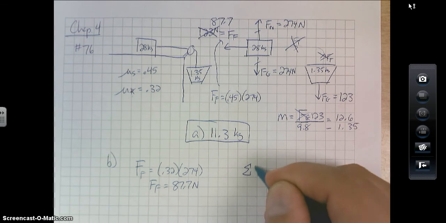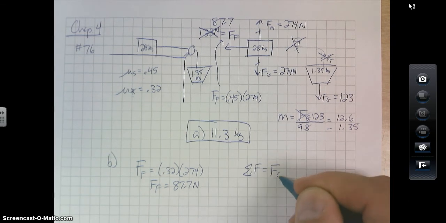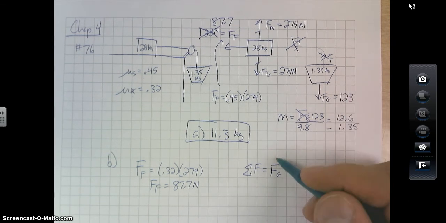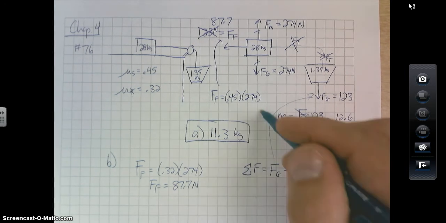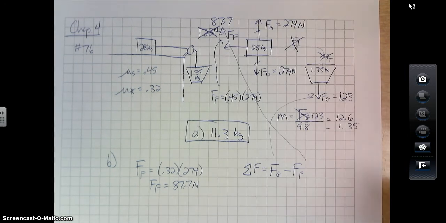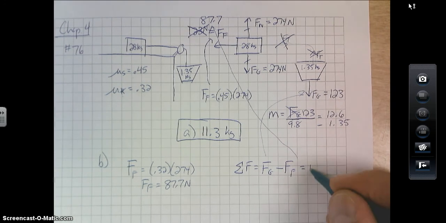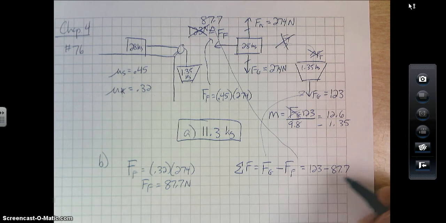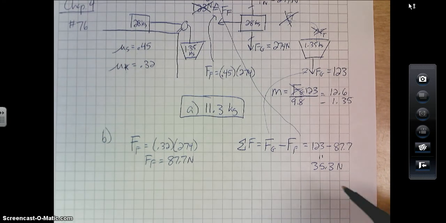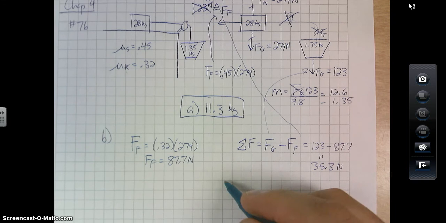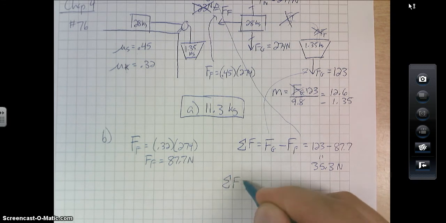So the sum of the forces is now the F of G of the hanging mass, this one, minus the force of friction, that one. So we end up with 123 minus 87.7, which gives us an unbalanced force of 35.3 newtons. And now if I want to solve for the acceleration of the system, it would have to be mass times acceleration.